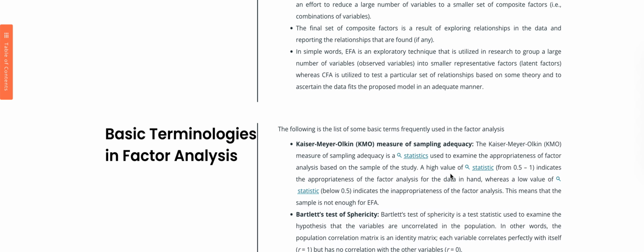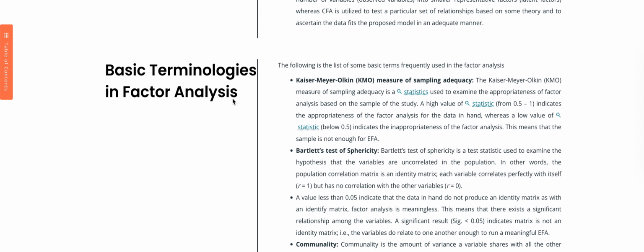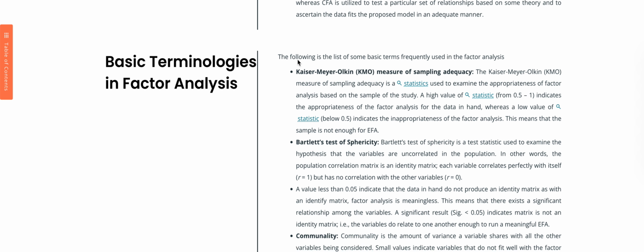Let's talk about basic terminologies in factor analysis. The following is the list of some basic terms frequently used in factor analysis. Number 1, Kaiser-Meyer-Olkin, we call it KMO, measurement of sampling adequacy.